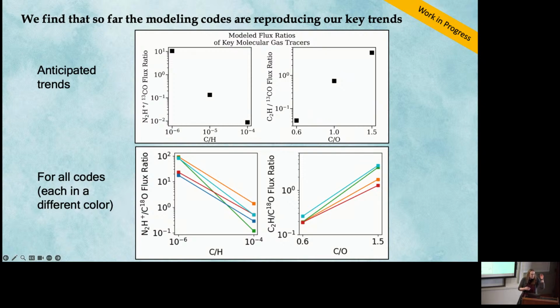One of the codes does not include scattering of X-rays down to the midplane, so you have a very different distribution of X-rays, which affects your ionization for producing N2H+. Another one, for the C2H, the amount of surface chemistry can tie up a lot of carbon into more ices, which affects how much carbon you have in the gas phase for forming C2H. So those are sort of our big culprits right now.